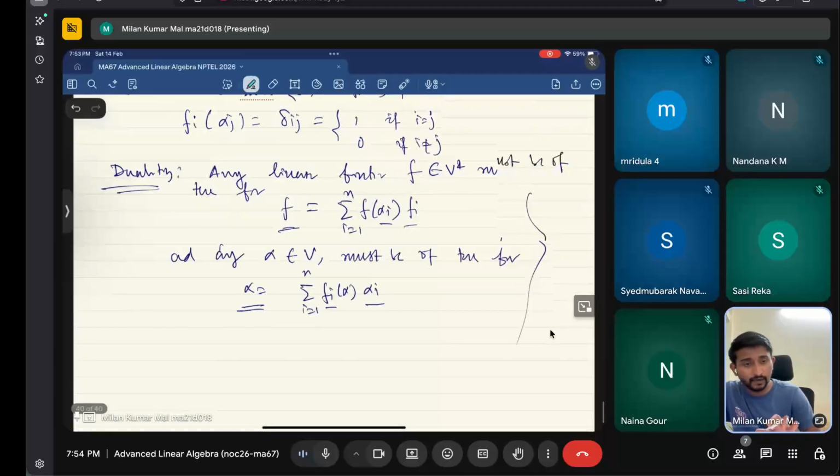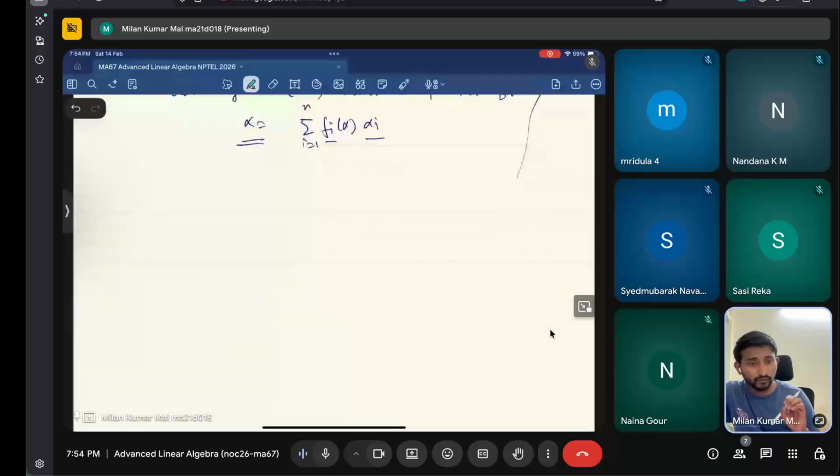We know what f1, f2, f3 do on alpha 1, alpha 2, alpha 3, but we don't know f on any element a, b, c. So let's first find what it is on an element a, b, c, and that will be exactly the answer. For any a, b, c, I have to write it in terms of alpha 1, alpha 2, alpha 3.